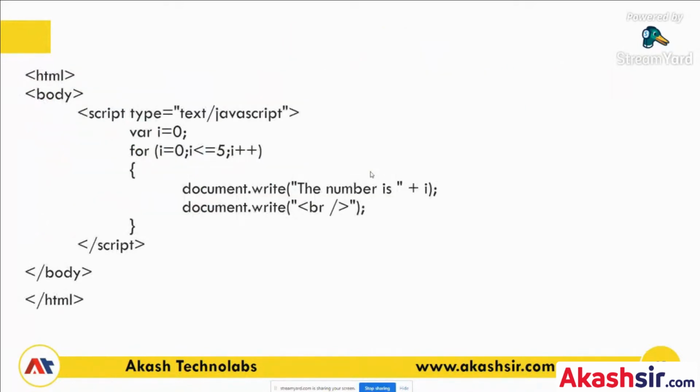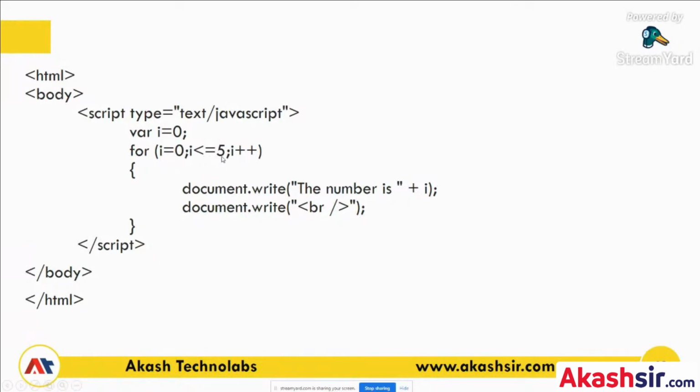Here you can see if you want to print Hakas 5 times, you can define one variable that is i = 0. Then for loop i is 0, i less than 5, i plus plus. So this will be incremented by 1, right? 1, 2, 3, and so on, and every time it will print number is 1, number is 2. I know it will start from 0.